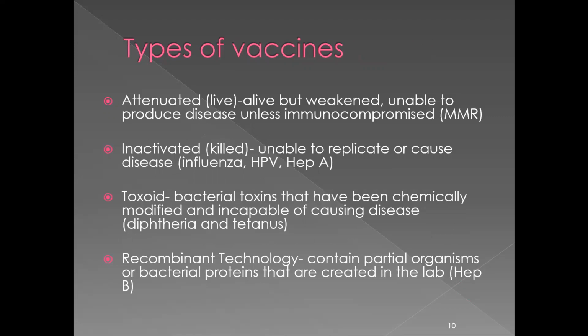Examples here are influenza, HPV, and Hep A shots. Then there's the toxoid, which is bacterial toxins that have been chemically modified and are incapable of causing disease. Here, diphtheria and tetanus. And then finally, there's the recombinant technology, which contains partial organisms or bacterial proteins that are created in the lab. The example here is hepatitis B.